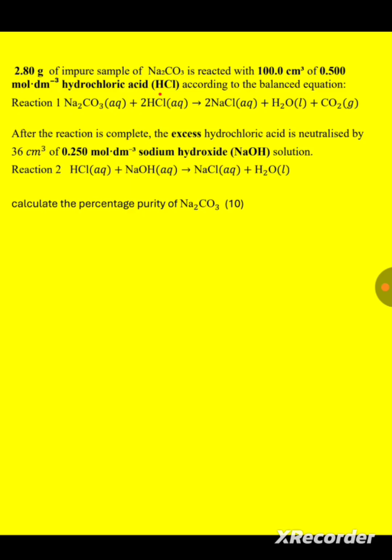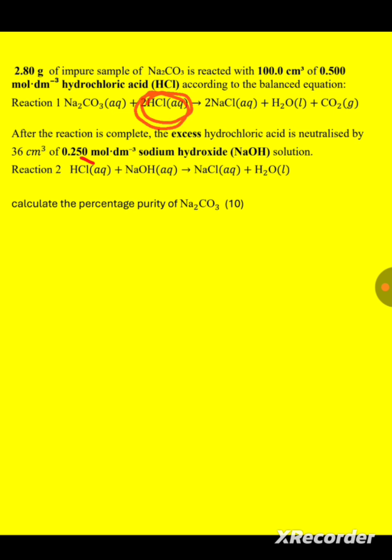So you have this and you have this there. You see, it's HCl, the excess reactant. Now, when you look for that substance, you have to calculate the number of moles for HCl in this reaction.